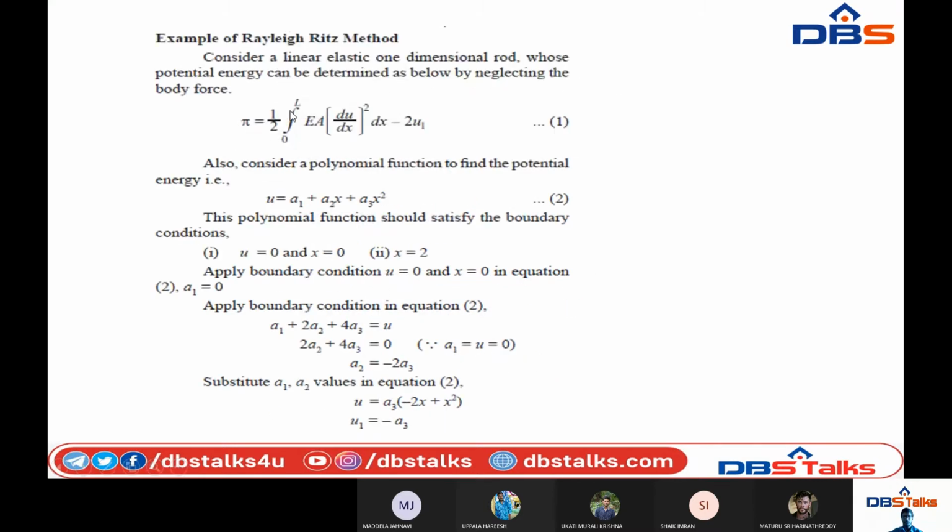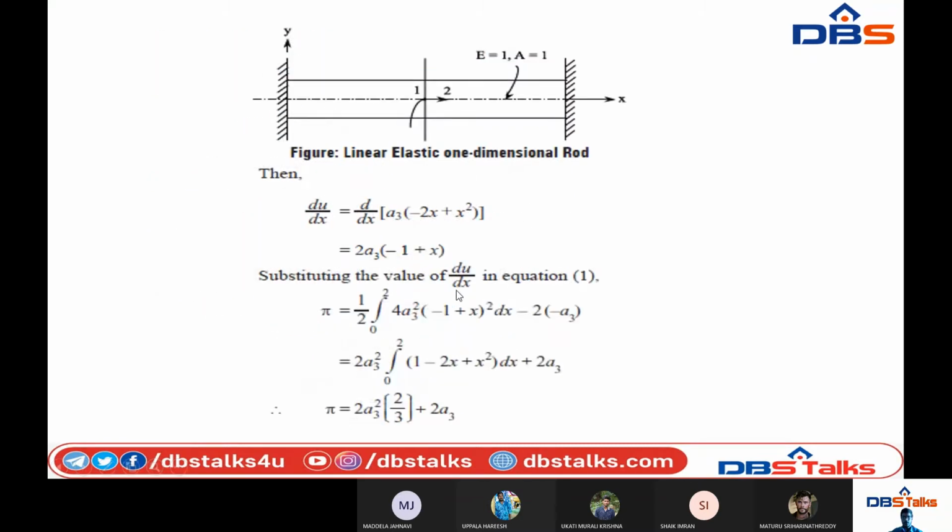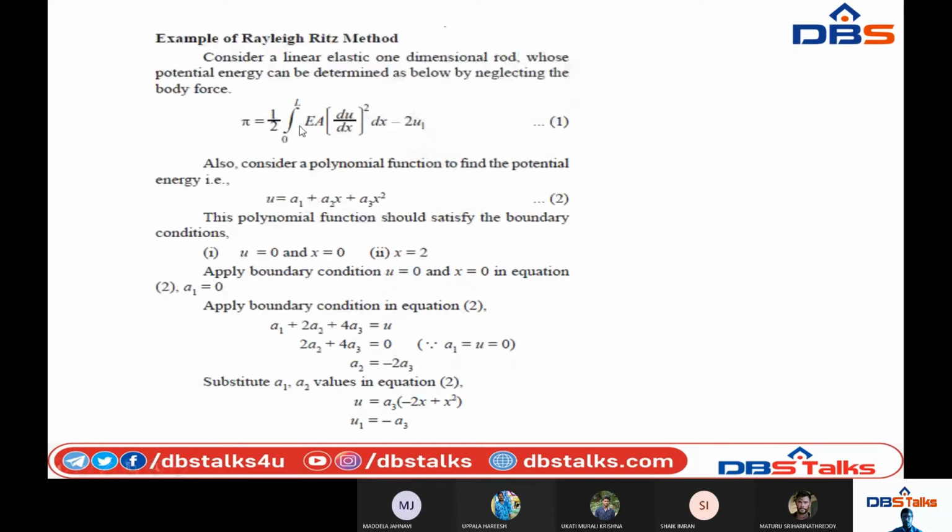Equation 1 is pi equal to 1 by 2 integral 0 to L of a times du by dx whole square dx minus 2u1. After that, I'm substituting the du by dx value, which is 2a3 into minus 1 plus x, in equation 1.